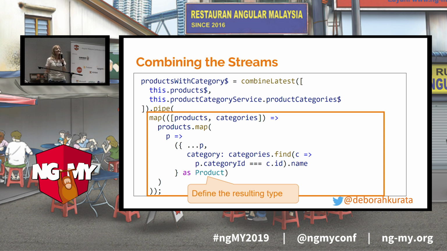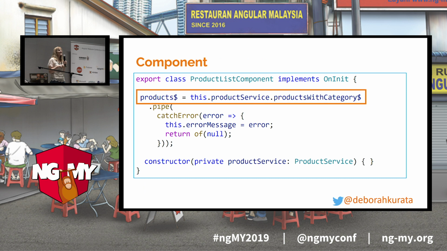So what does that mean in terms of our component? We can simply change our products$ in our component to assign it to our productsWithCategory$, because it's still emitting an array of product. Making sense? Excellent. You guys are awake this morning.